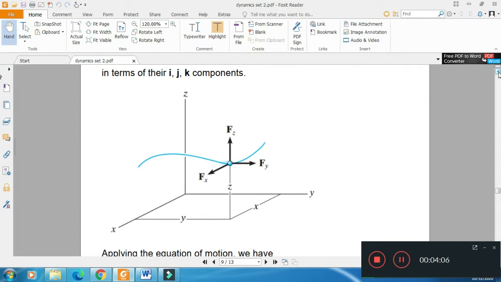So we can see the sketch. The three coordinates are shown, and suppose this blue one is the path of the particle, and this is the instantaneous location of the particle at any time. So the resultant force or the complete force is shown in three components: Fx, Fy, and Fz.